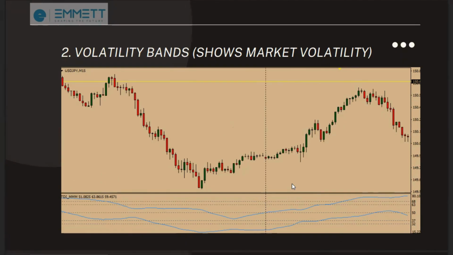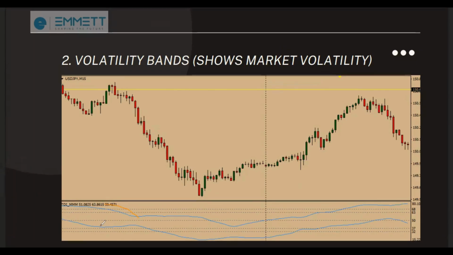The next component is what we call the volatility bands. The volatility bands are the blue lines that you see on the TDI. These blue lines, we call them volatility bands, and they are derived from the Bollinger Bands. These two bands show us when there is volatility in the market and when there is low volume.